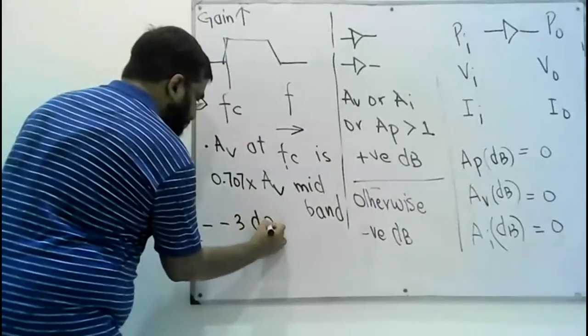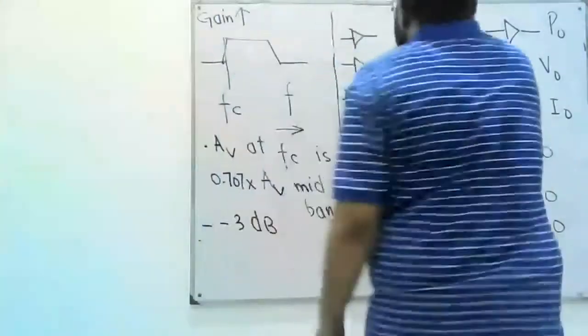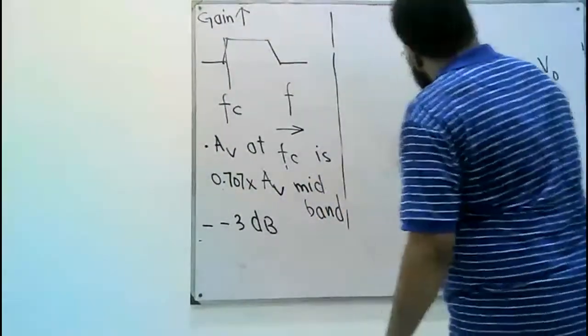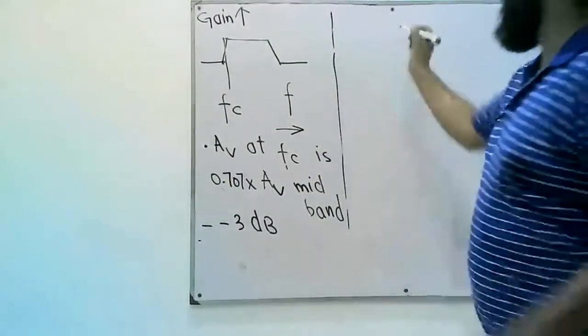This is 70% of the AV that we get in the midband, and they both are minus 3 dBs. We can verify this by putting them in their respective formulas. The formulas for computing AV in dB and AP in dBs, we already know those.